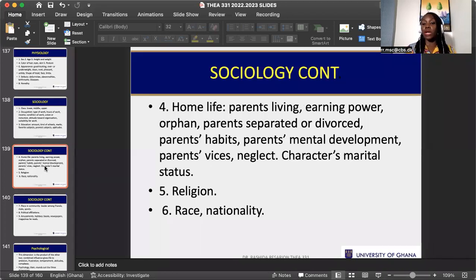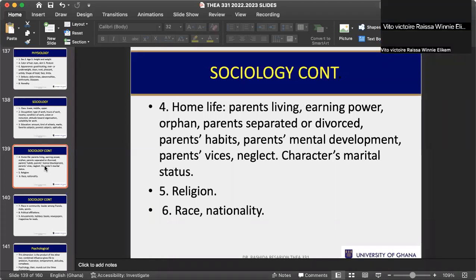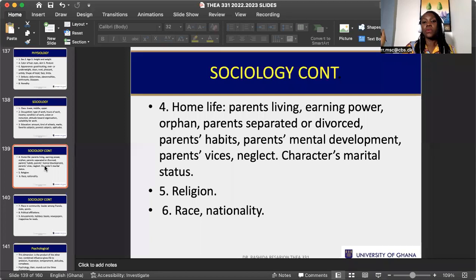And you can even go further to look at other generations of the family, whether the parents were rich or poor, maybe they had certain habits or certain vices, like Torvald accusing Nora of inheriting certain bad things from her father. Okay.